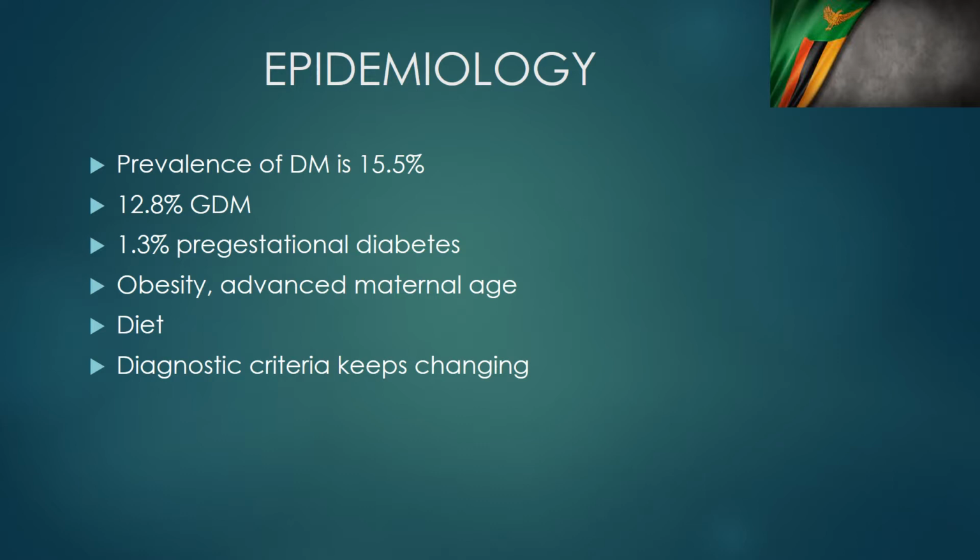This is because we have an increased number of women who are obese, an increased number of women who are starting to have families later in age, and our diet is not ideal. Also, the prevalence of gestational diabetes is quite different depending on how you make the diagnosis, and it looks like the diagnostic criteria keep changing depending on where you are and what you're doing.